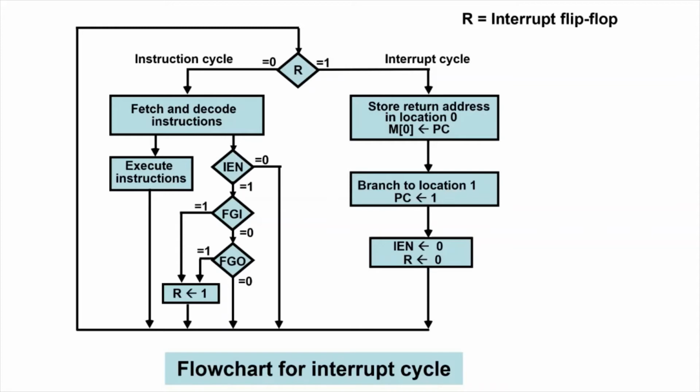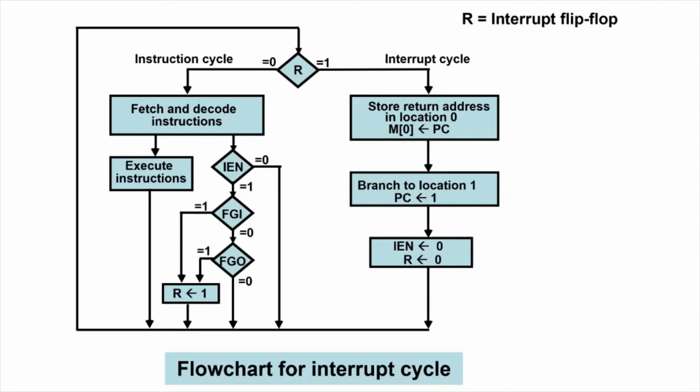Everything clear? If it is equal to 0, then it will fetch, decode, and execute the instruction. Again, it will send the data back to R, and continue until it is equal to 1.